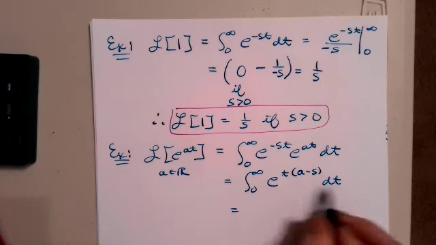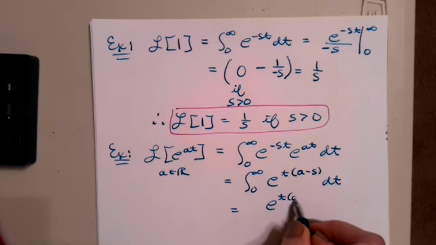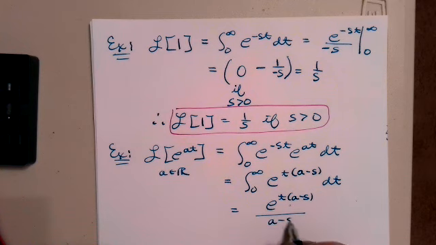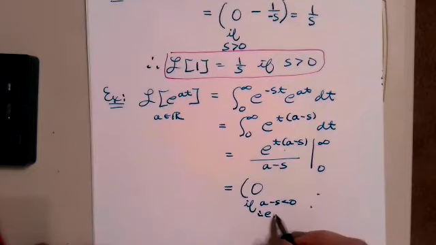So when you integrate, you will get e to the t times a minus s divided by a minus s from infinity to 0. Okay, and so this is going to be finite when? Only when t is getting really, really big. So the constant multiplying it better be negative, or this is going to go to infinity. So this goes to 0 only if a minus s is negative. That is to say, s is greater than a.